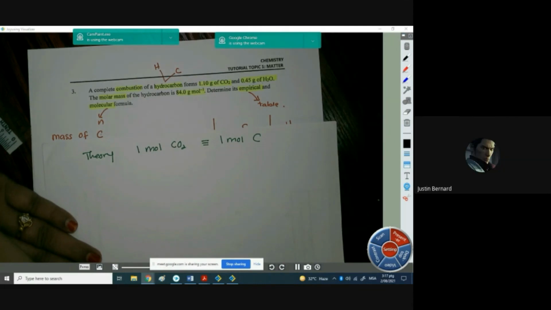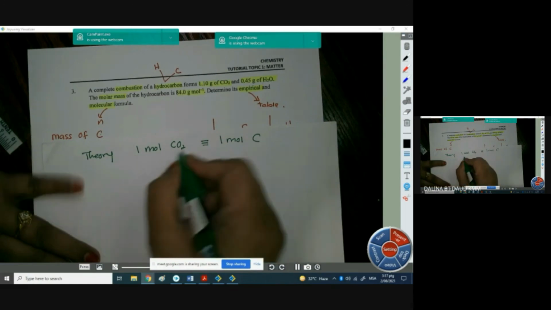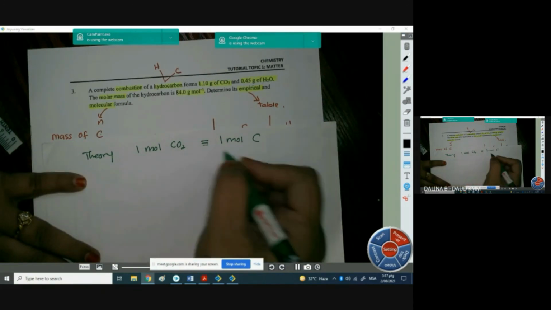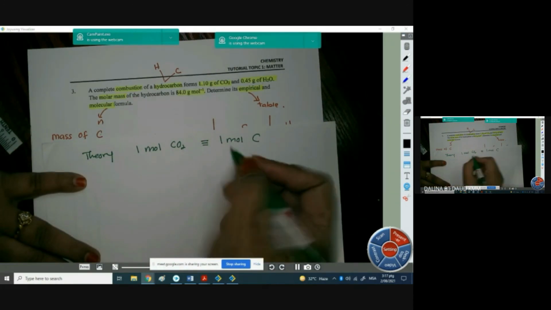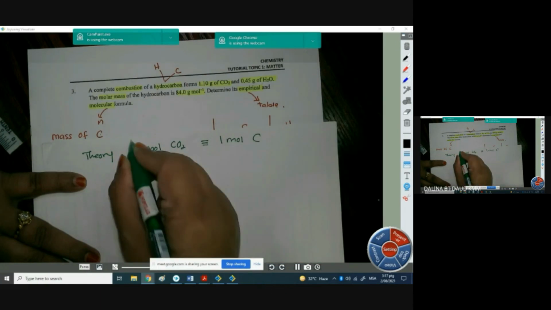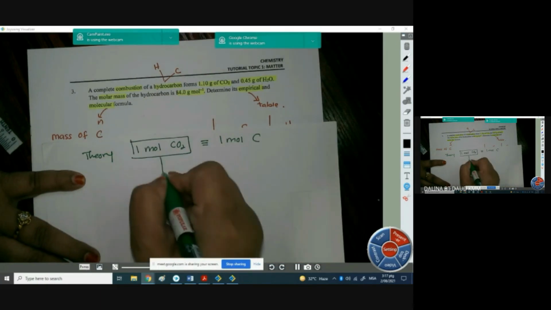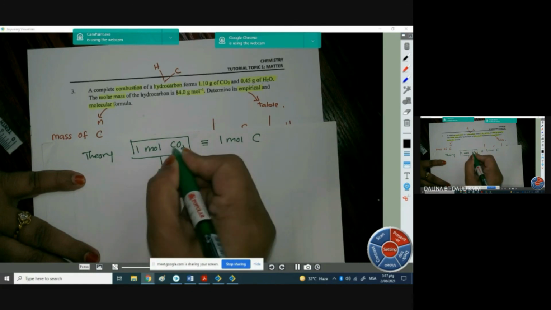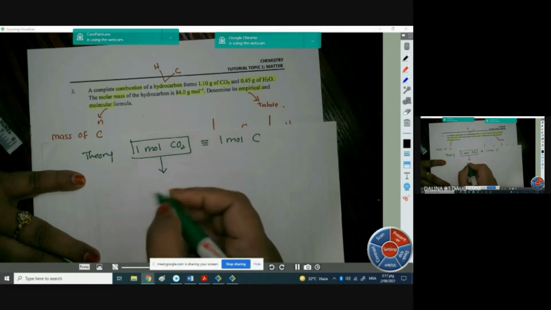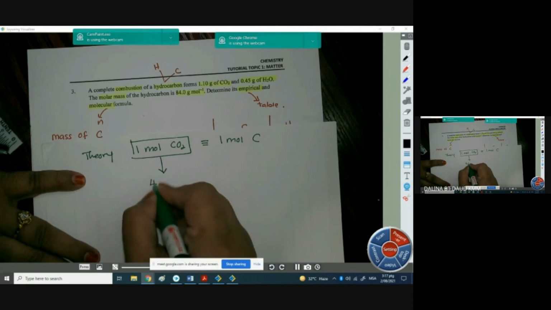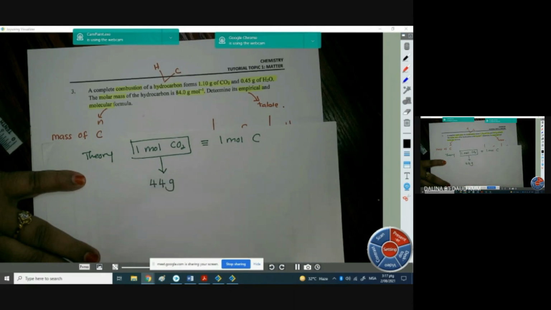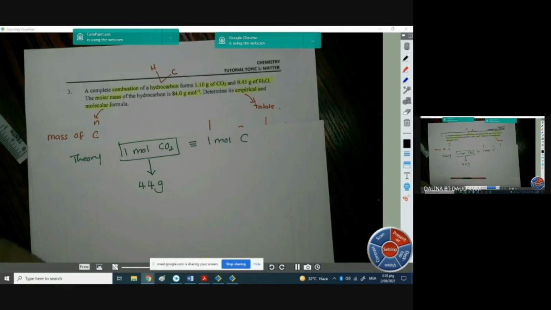Yes, okay. So, disebabkan soalan ni dia nak tanya dalam bentuk mass, kita terus convert mole ni dalam bentuk mass, iaitu molar mass untuk 1 mole carbon dioxide ialah 44 gram. Mana saya dapat 44 ni cikgu?